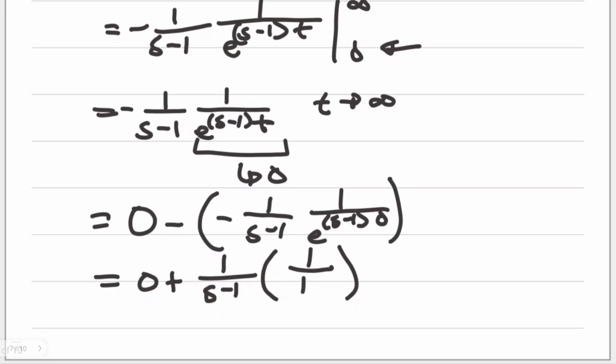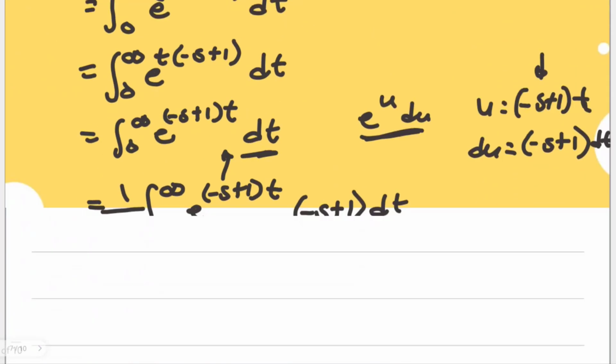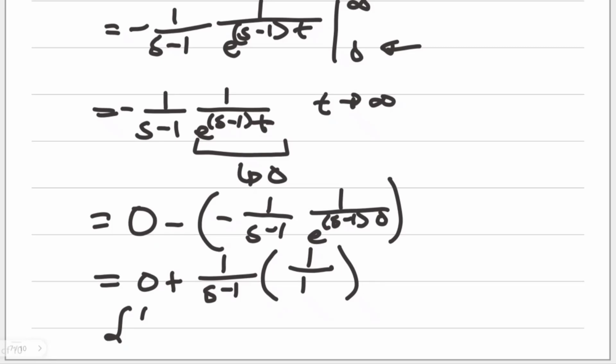So in short, the final form for the Laplace transform of the given expression e to the power of t is just equal to 0 plus this, or in short, 1 over s minus 1.